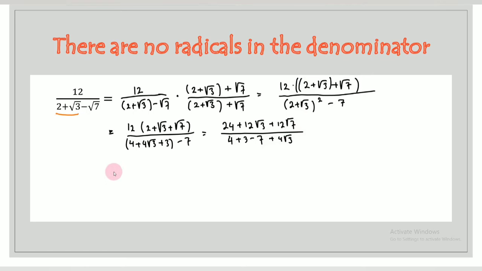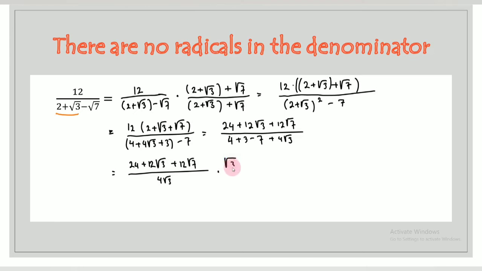Let's simplify it. I cannot simplify the numerator, so let's just keep it that way: 12 square root of 3 plus 12 square root of 7, and in the denominator, I have 4 square root of 3 minus, no, none.